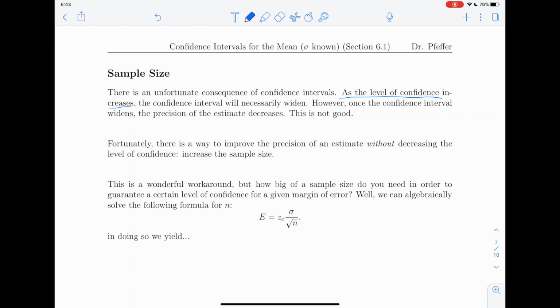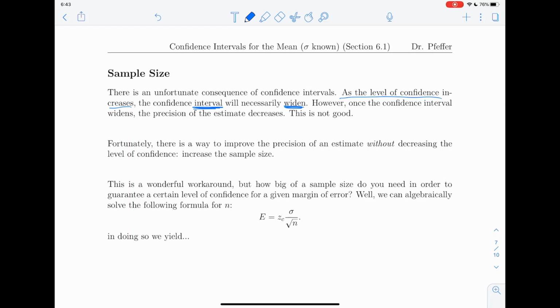The problem, though, is that as your level of confidence increases, the interval that you build widens, which is not good, because what that means is that the precision of your estimate, the error that you're allowing, starts to blow up. And this is somewhat problematic.